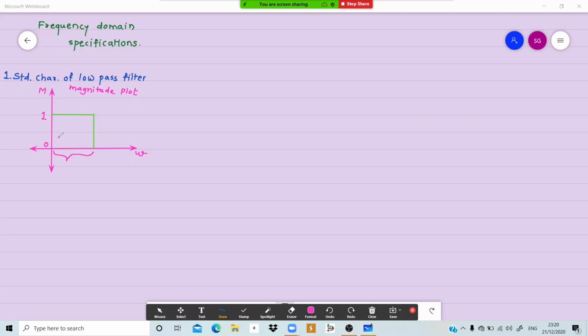Because the input is having low frequency, on the lower side you want the gain of the system to be equal to 1, and on the higher side noise is going to be there, you want to filter it out, so it should not pass. Okay, so I'll write frequency range of our interest. Correct? And this frequency range is noise. Definitely we want to filter it out.